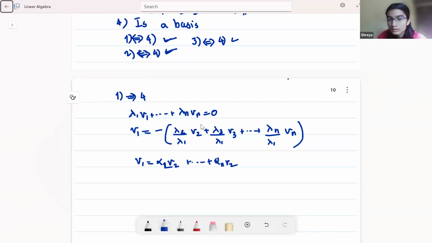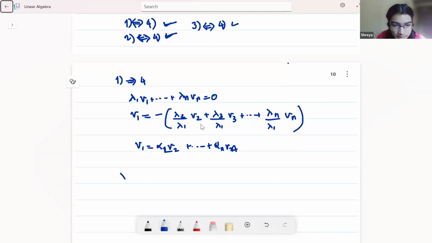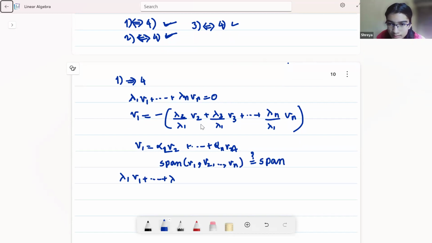So if we remove V1 from the whole thing, even then, if we have something like V1 plus blah blah blah plus lambda, we want to show that even if we remove one element, the span will still remain the same.